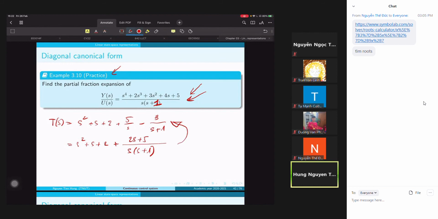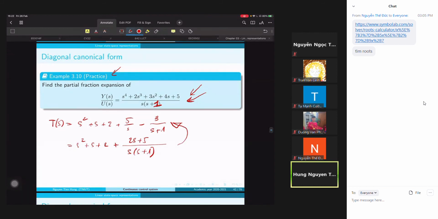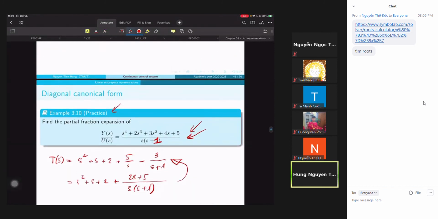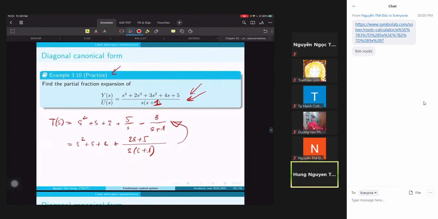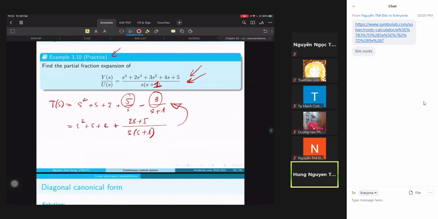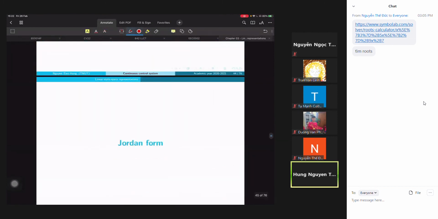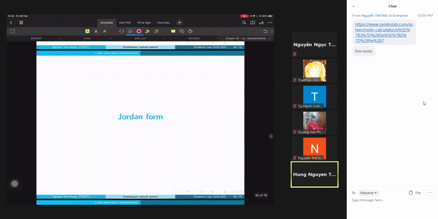But at the moment, I just show you that even if the order of the numerator is bigger than the order of the denominator, we still get C1 and C2 this way. But I did not give you the form of solution of this. So keep this in mind. I will be back with this later.